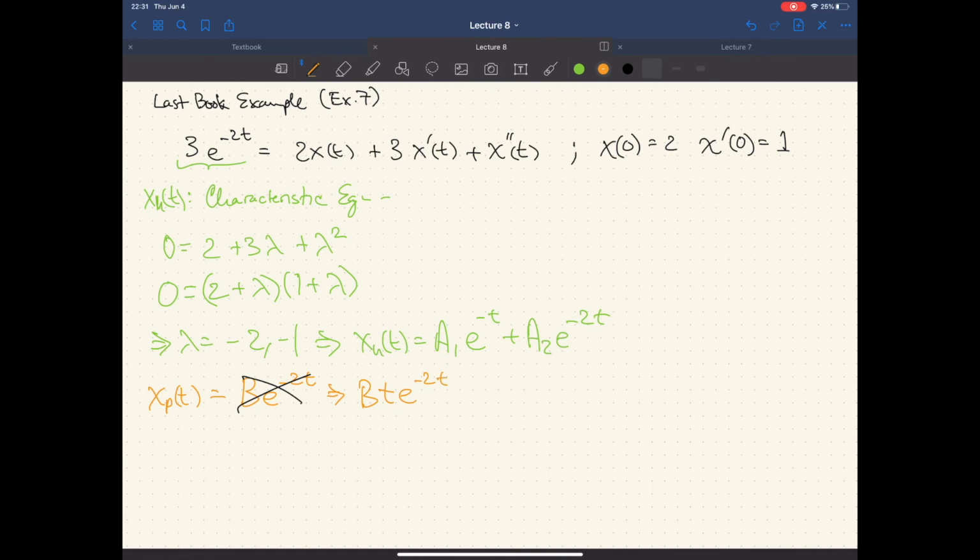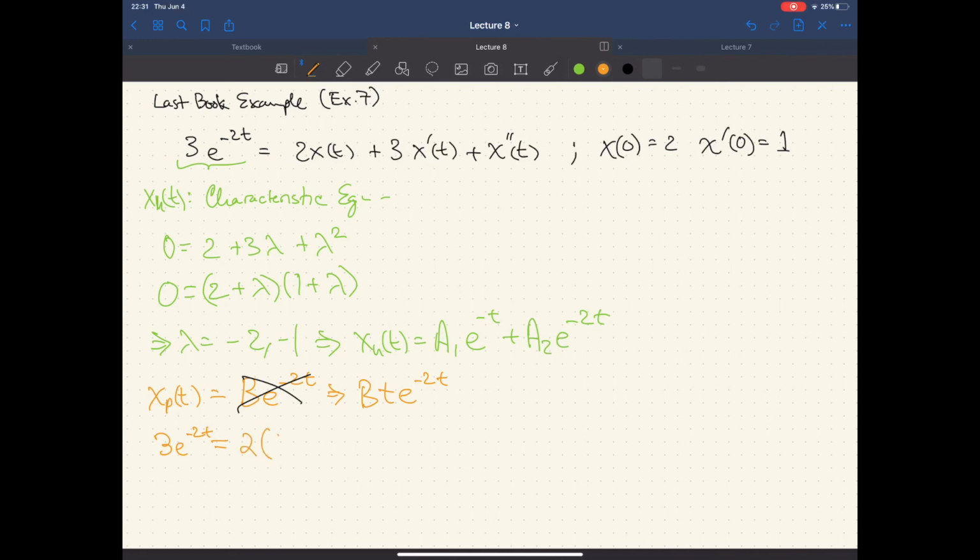And from here, what we do is we solve out. So we have 3 e to the minus 2t. And you can do some work. Let me at least write it out for you guys so you know what exactly you're supposed to be solving.